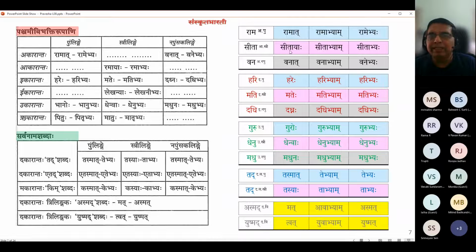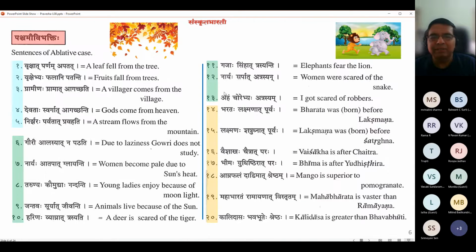Similarly, Sitayah, Sitabhyam, Sitabhyah: from Sita in the from case, due to Sita in the due-to case, or than Sita in the comparator case. So prepositions like from, due to, and than are possible due to the three cases we saw.